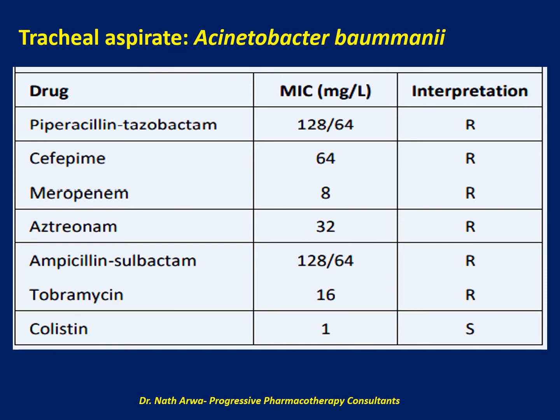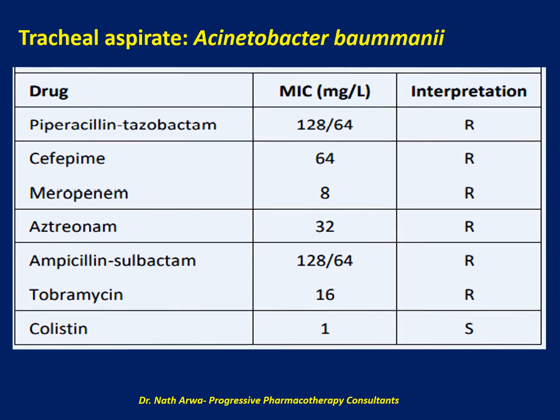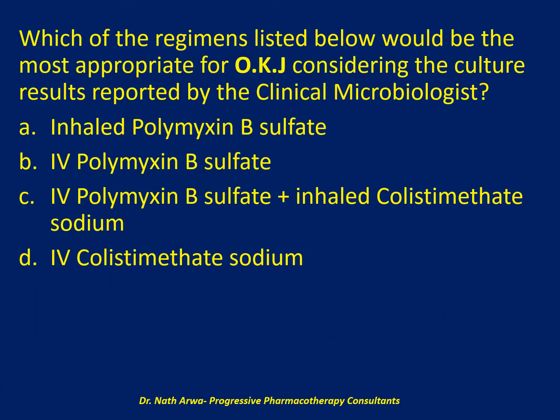Bad news indeed. So my question to you is, which of the regimens listed below would be the most appropriate for patient OKJ, considering the culture results reported by the clinical microbiologist in the above table?